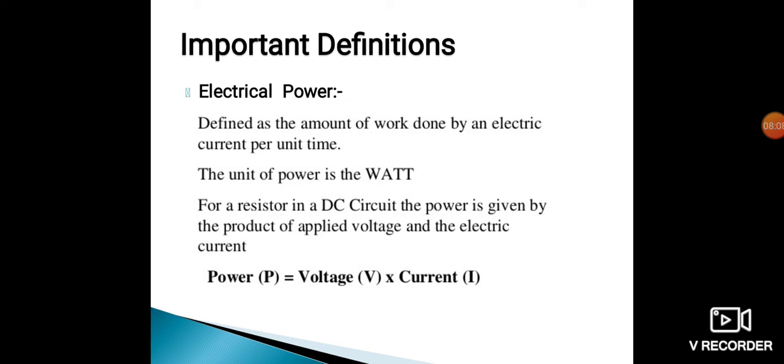That means it is defined as the amount of work done by an electric current per unit time. The unit of power is watts.